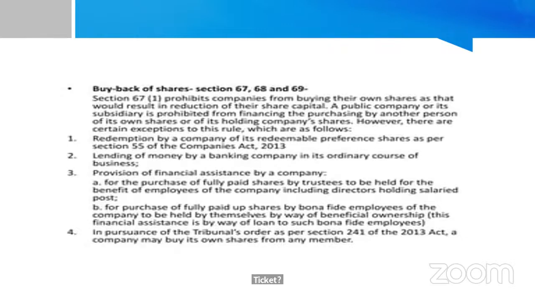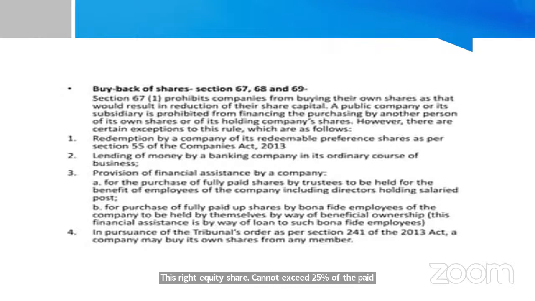And the company law has also said that if a company is issuing sweat equity shares, once it has issued, twice it has issued, the company shall not exceed 25% of the paid up equity capital of the company. The sweat equity shares cannot exceed 25% of the paid up equity share capital.